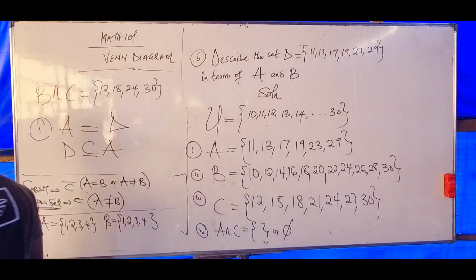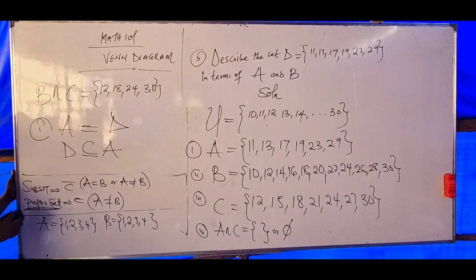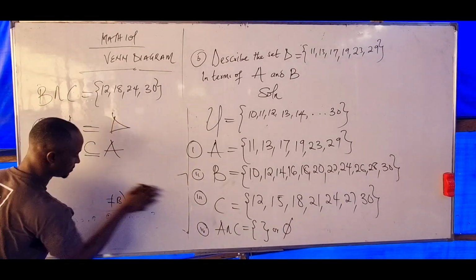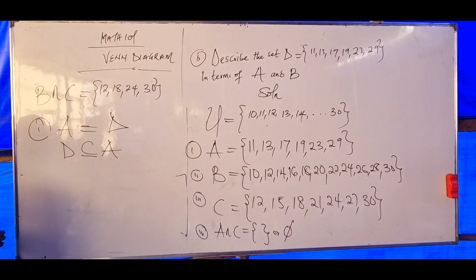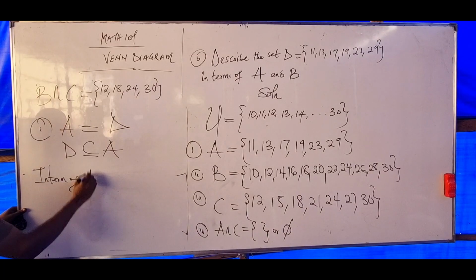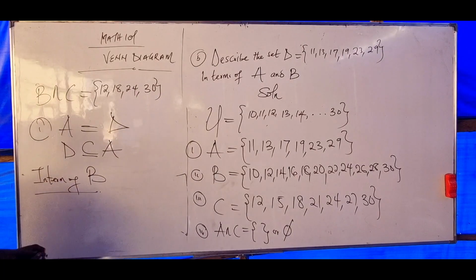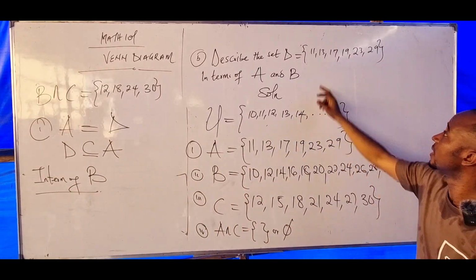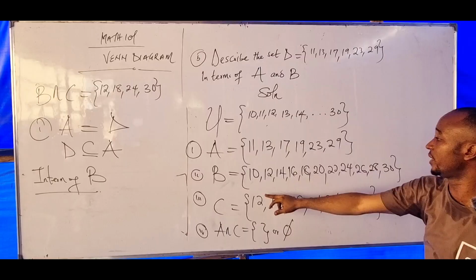Now let's describe it in terms of A and B. Let's take every element here. They are not here, right?